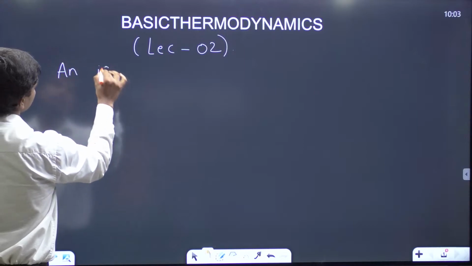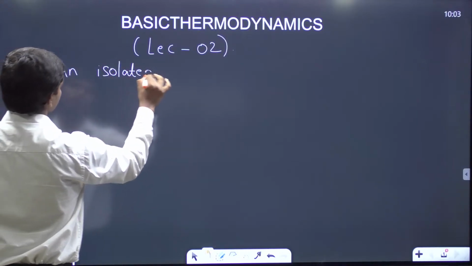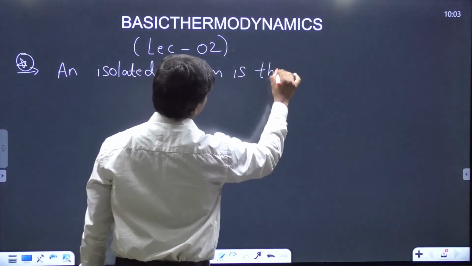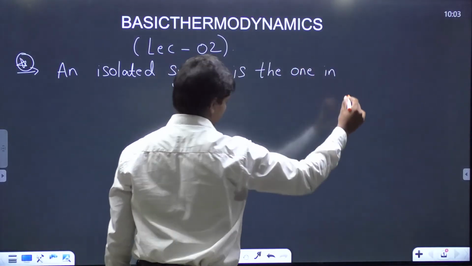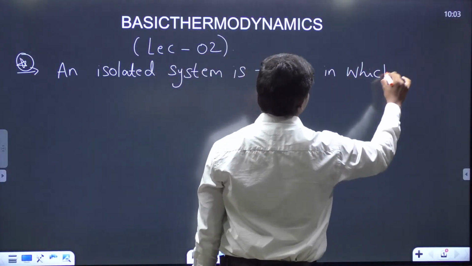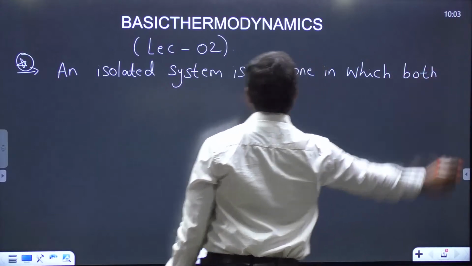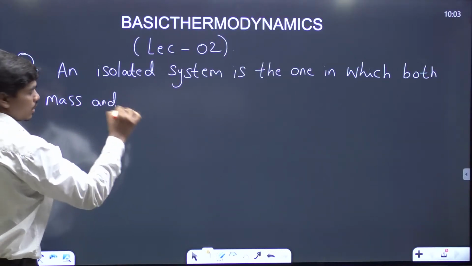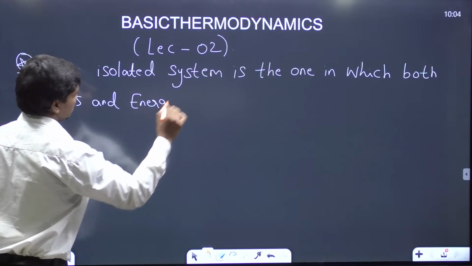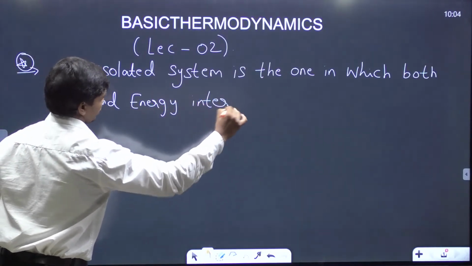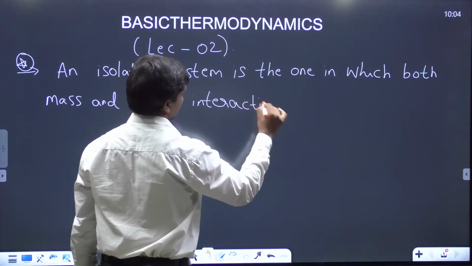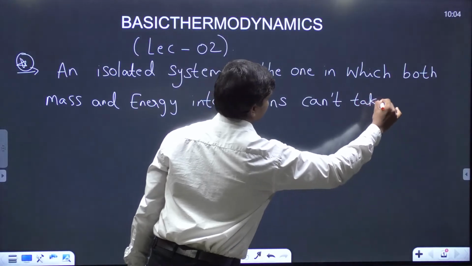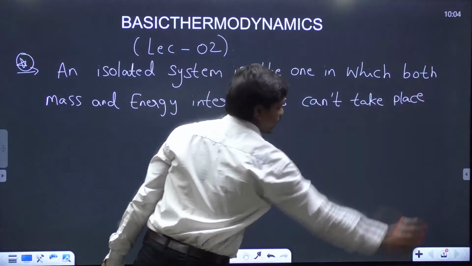An isolated system is one in which both mass and energy interactions cannot take place across the boundary.